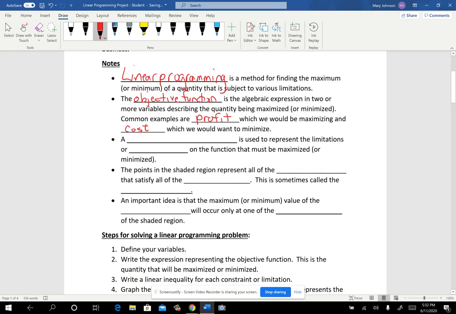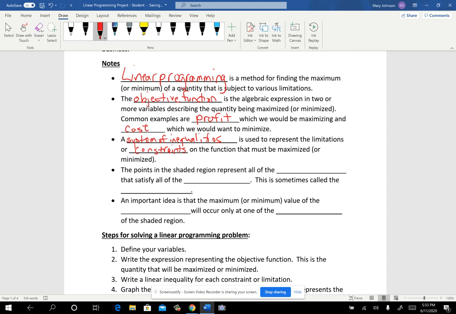All right, so a system of inequalities is used to represent the limitations, or what they call constraints, on the function that we're trying to maximize or minimize, okay?